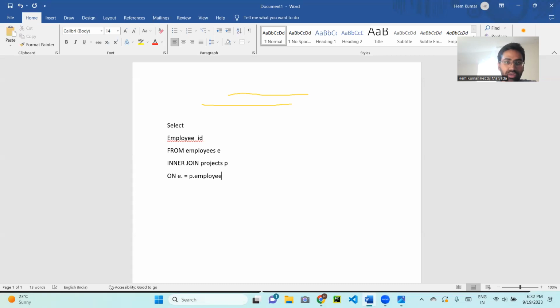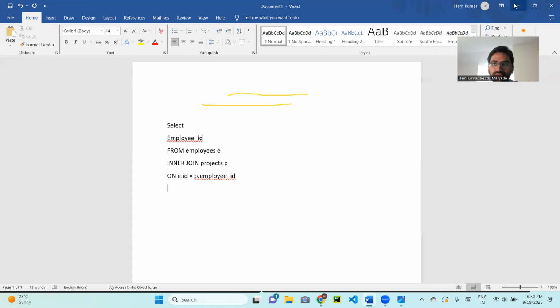We observe E dot ID and P dot employee underscore ID. So successfully we are able to join both the tables, projects and employees, and we are able to pull the employee ID.